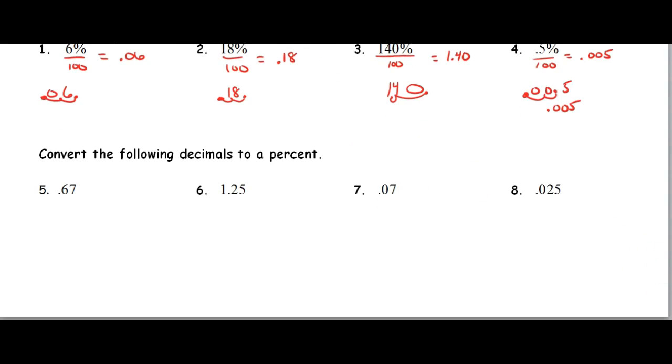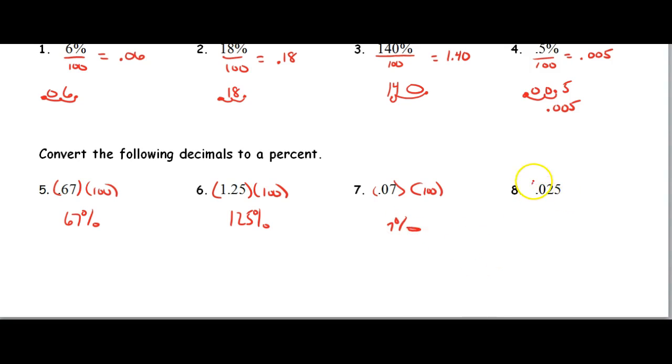Now, when we convert decimals to percents, we basically multiply by 100. So 0.67 as a percent would be 67%. 1.25 as a percent, when you multiply it by 100, you get 125%. 0.07 as a percent, multiply that by 100 and you get 7%.